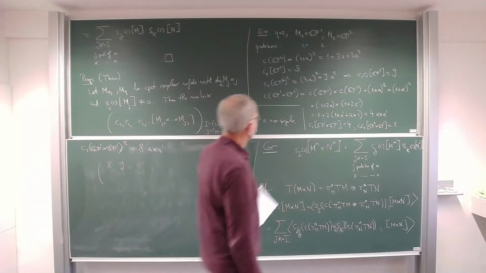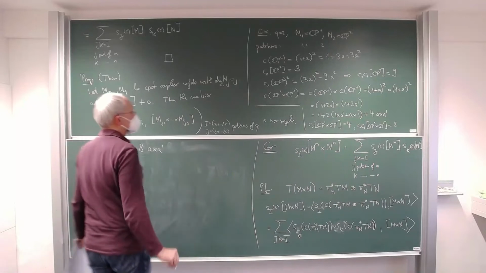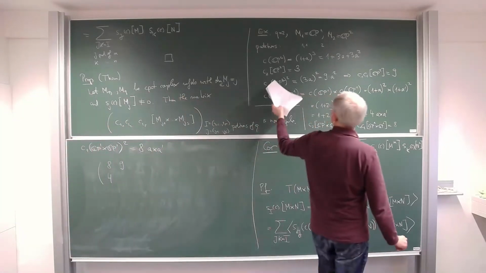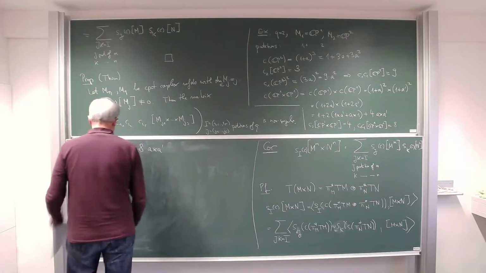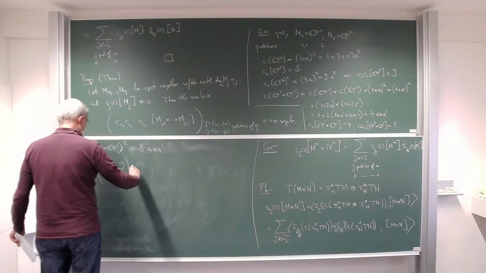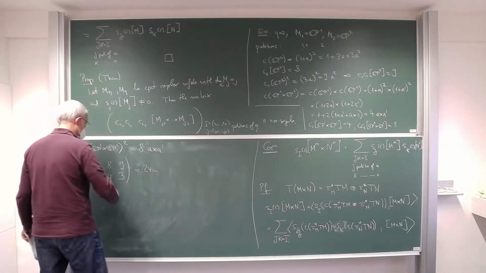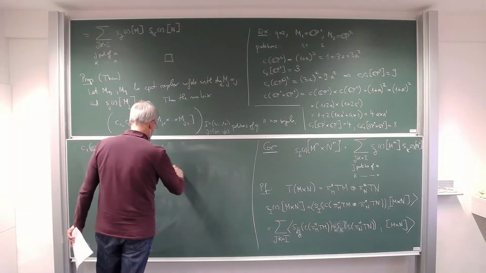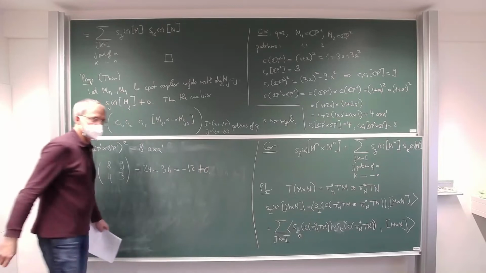The C2 term of the product is 4. And the C2 term of CP2 is 3. So that's the matrix. And indeed, the determinant of this matrix is 24 minus 4 times 9 is 36. So that's minus 12, which is 0.